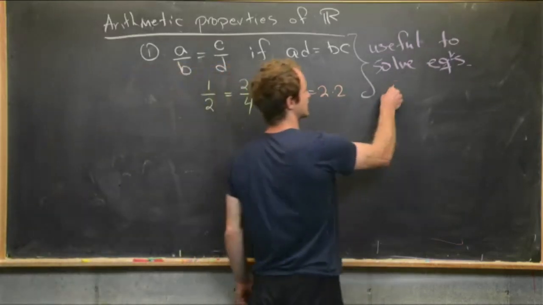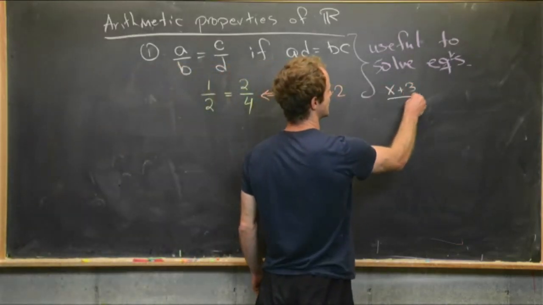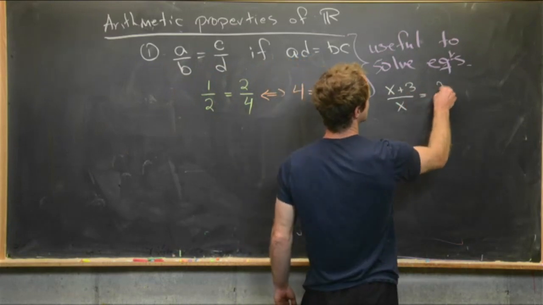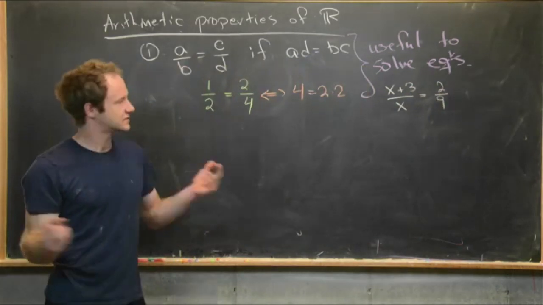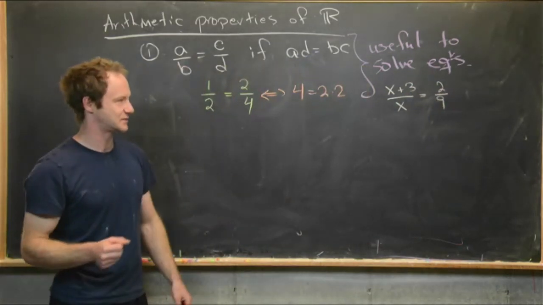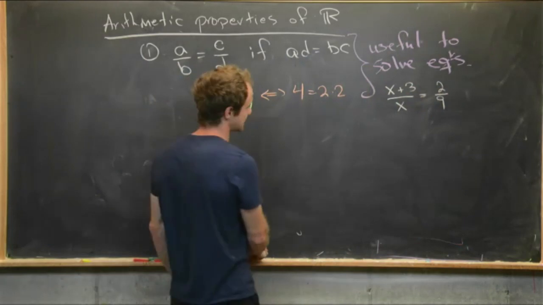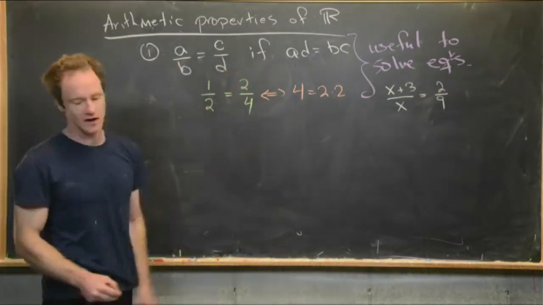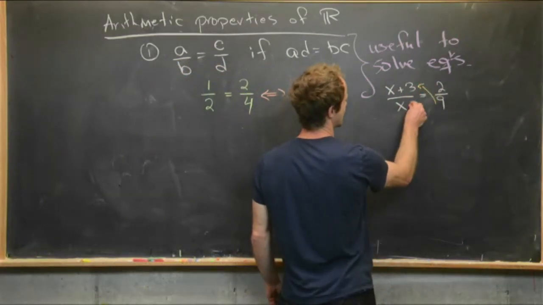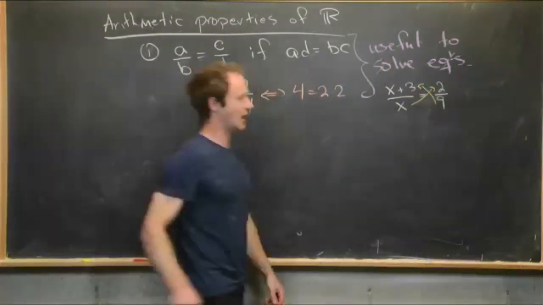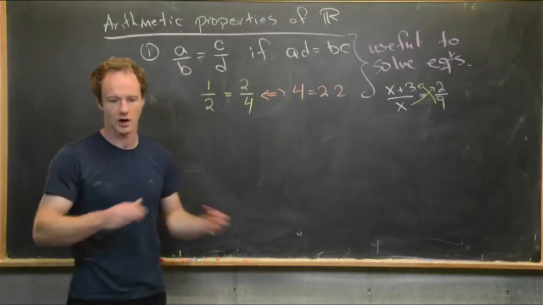Like let's say we wanted to solve x plus 3 over x equals 2 over 9 or something like that. Well, solving this just as is pretty tricky, but this rule right here about equivalent fractions makes it not so tricky, because we can just multiply up on both sides or cross multiply or whatever.